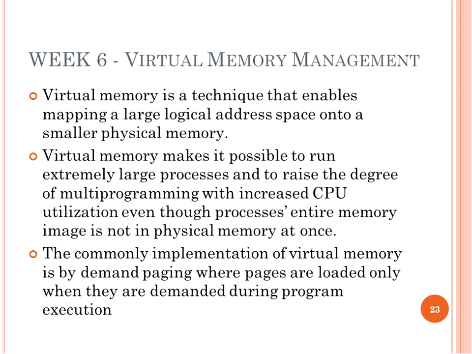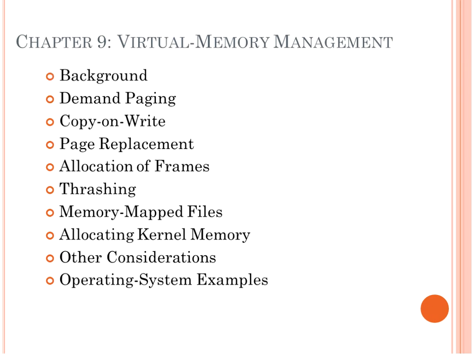So some of it can stay out on the hard drive. It's out on the hard drive until you need it. Then on demand, when you need it, it will be loaded into memory. So again, it's a way of utilizing what memory you have in the most efficient way possible.